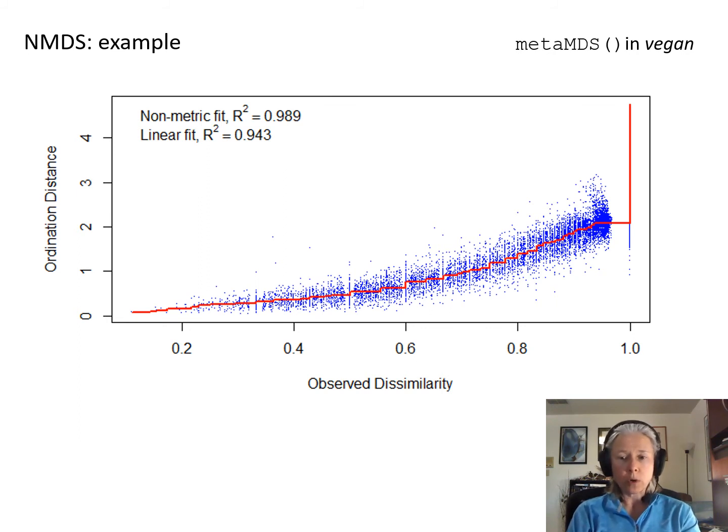Little r is the correlation between the predicted values and the observed values of y, whereas R squared is the square of this coefficient and indicates the percentage of variation explained by your regression out of the total variation. MetaMDS also includes the regression line in red, so it's much easier to visualize. Okay, so in this case, I would be happy with this outcome.